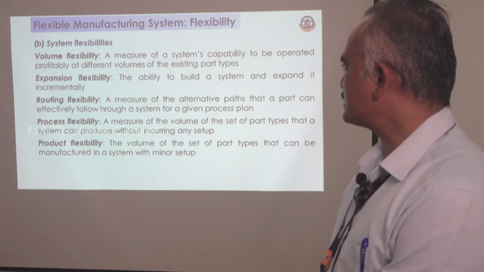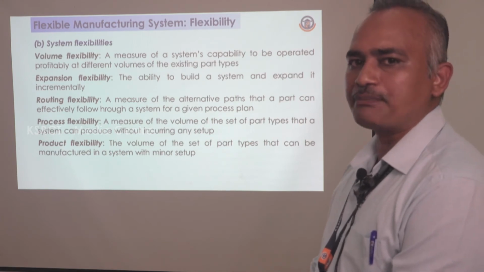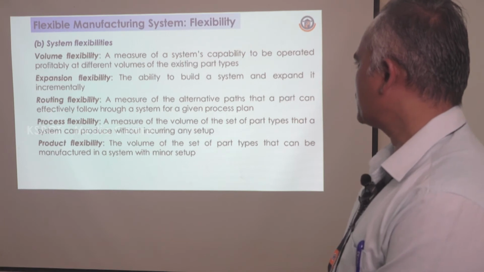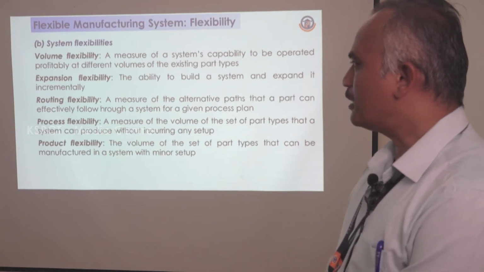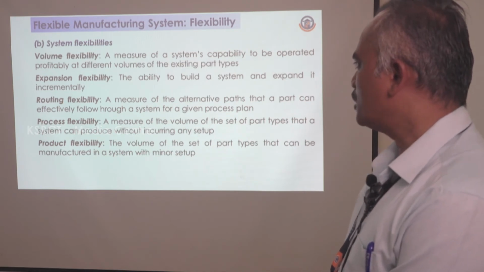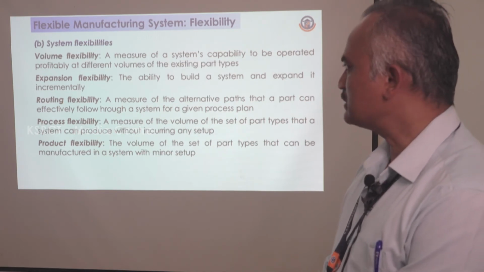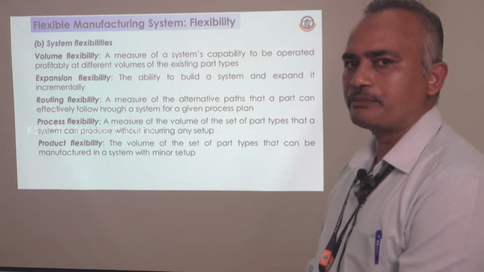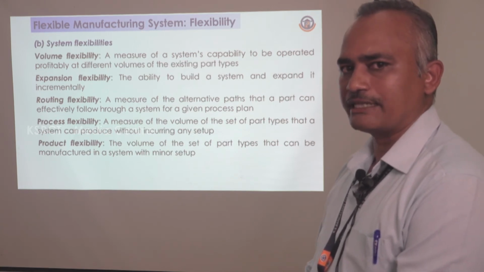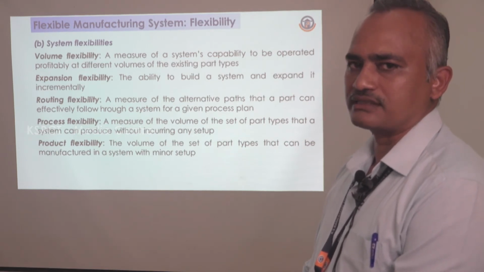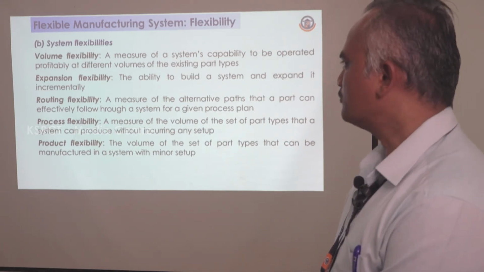Volume flexibility is the capability of a system, workstation, or particular machine tool to be operated profitably at different volumes of existing parts. One machine tool can operate for a particular time period with a maximum number of products or processes. That is volume flexibility.